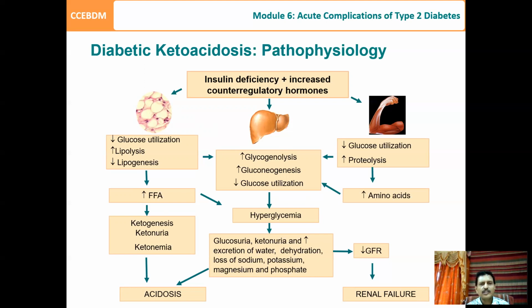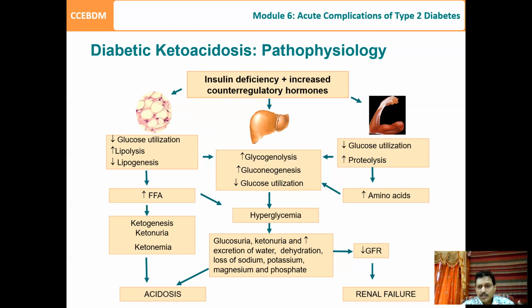That is why, when there is severe insulin deficiency, there will be proteolysis and lipolysis, because protein is broken down and lipid is broken down. The body will also try to break down more glucose, and therefore there will be glycogenolysis, because every tissue feels that there are no calories, no energy.